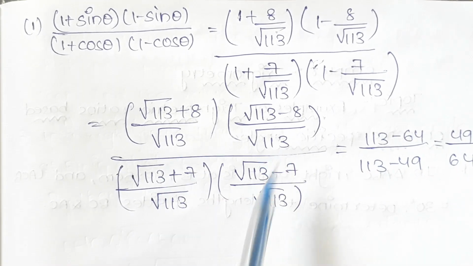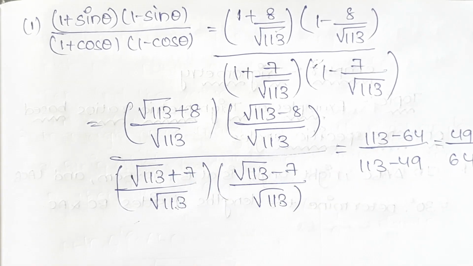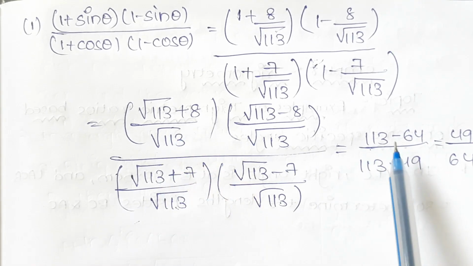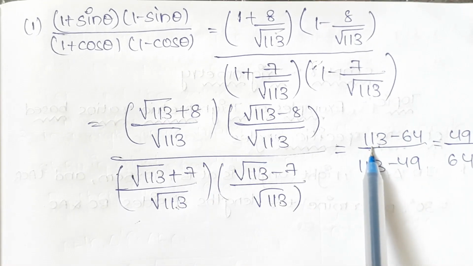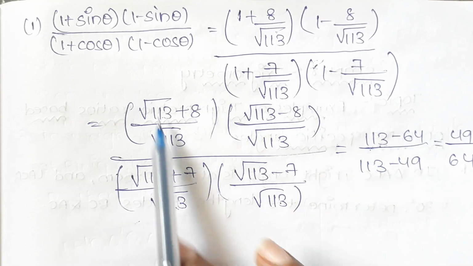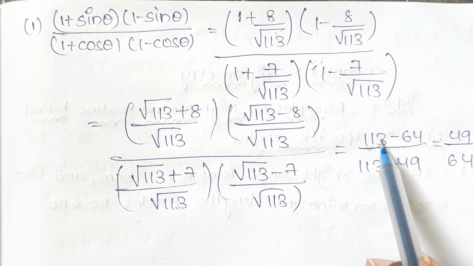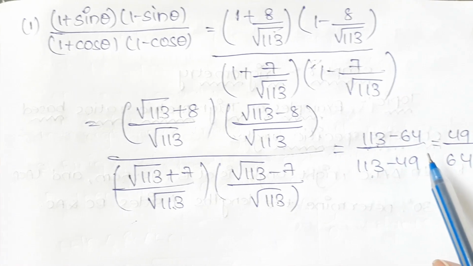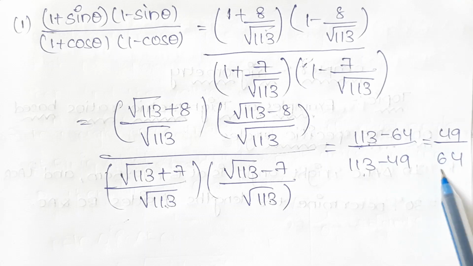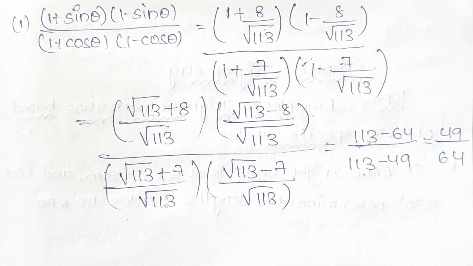Here the 113s and these 4 get cancelled, and root 113 into root 113 is 113, and from all these, when cancelled, we will get 113 minus 64 by 113 minus 49, and from that we will get 49 by 64.